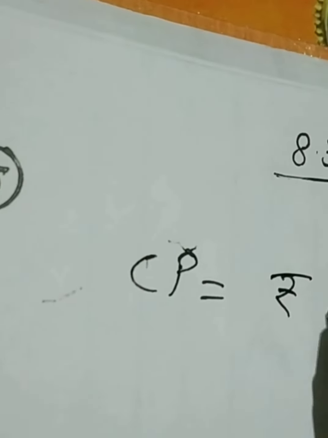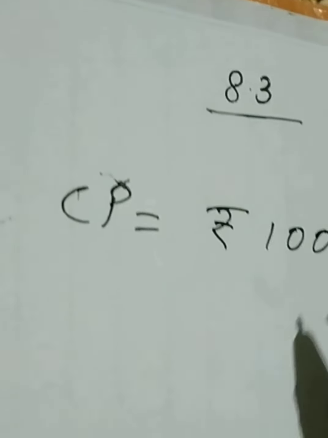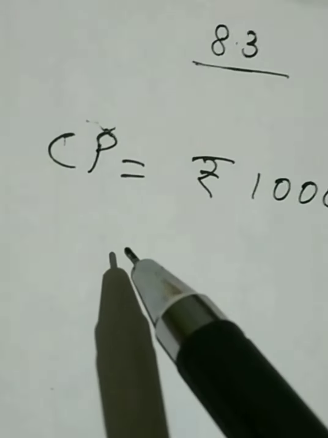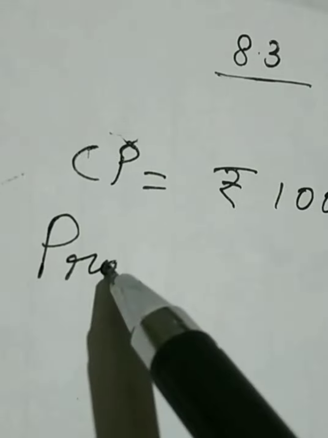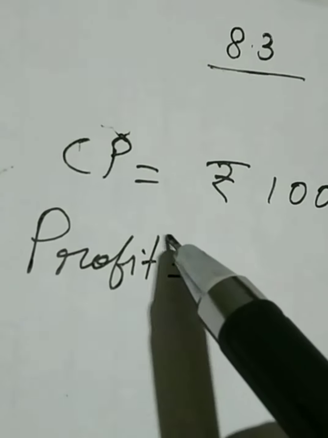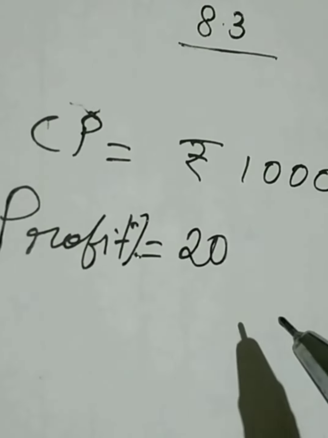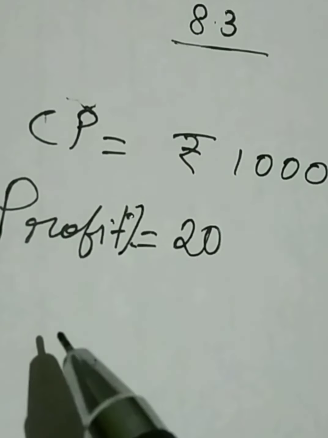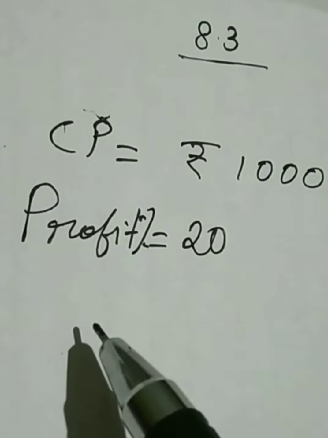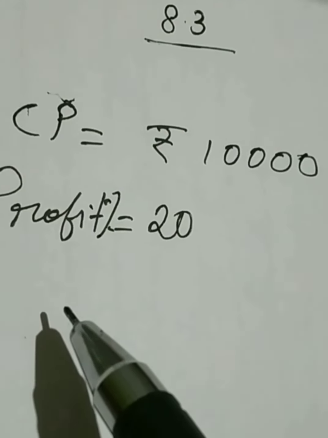Here cost price is equal to rupees 10,000. This will be the original. And profit percentage is equal to 20. So here we have to find the selling price.